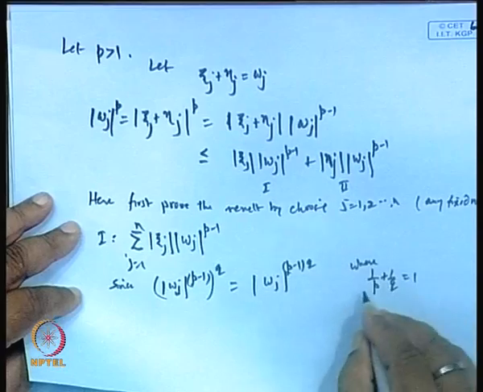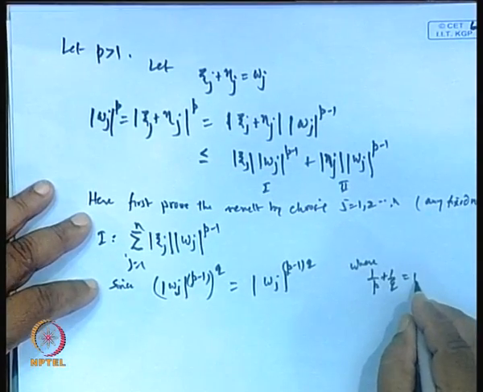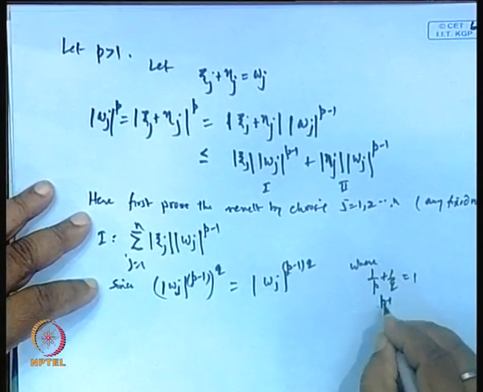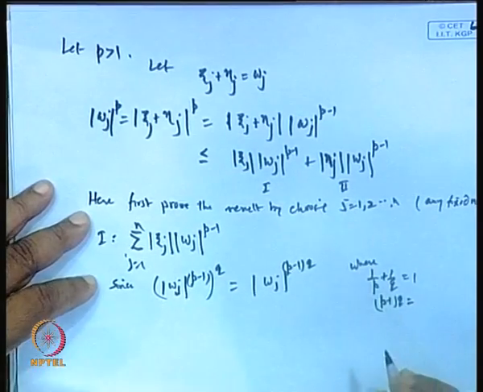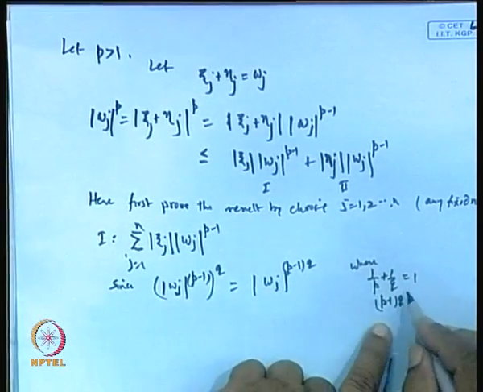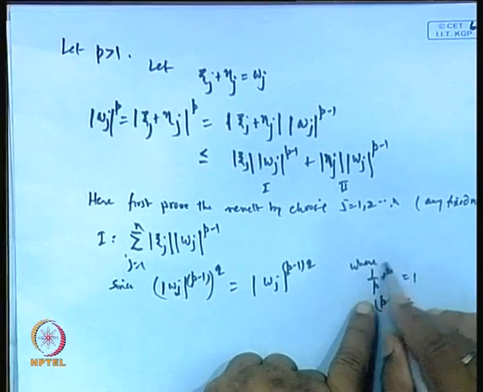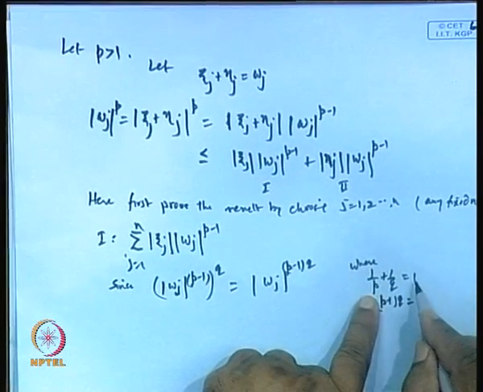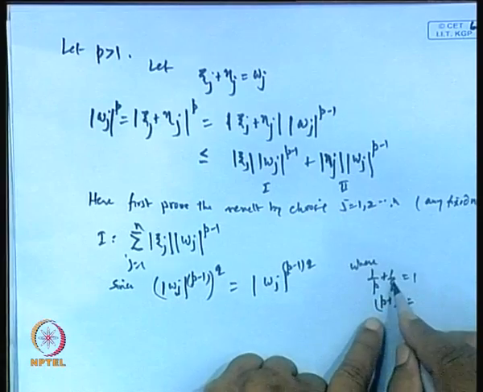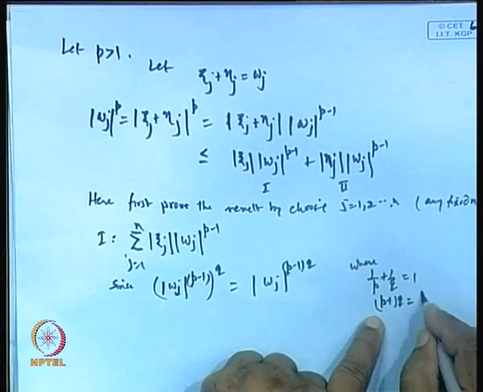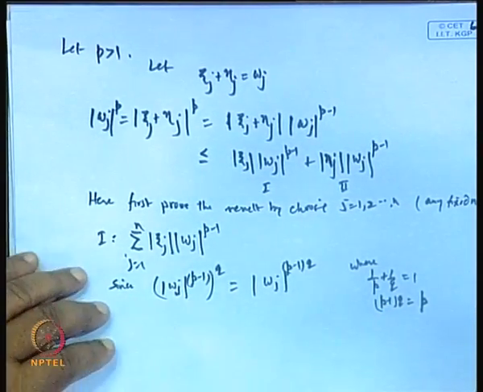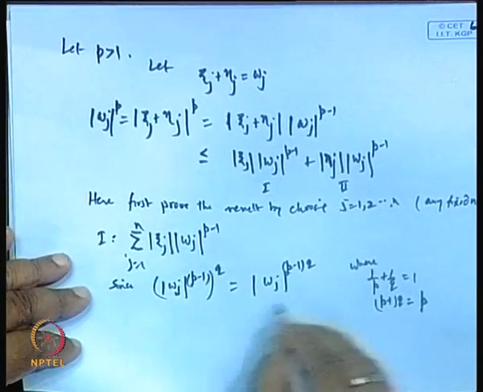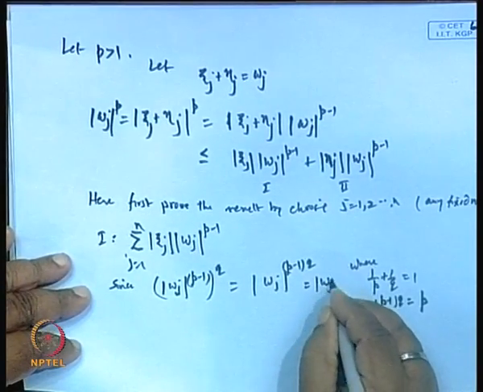Therefore, when we take p minus 1 into q, then what do we get? Just see here, when you take 1 by p, then p minus 1 by p equals 1 by q. So, (p minus 1) into q becomes p. So, this is basically equal to mod omega_j to the power p.